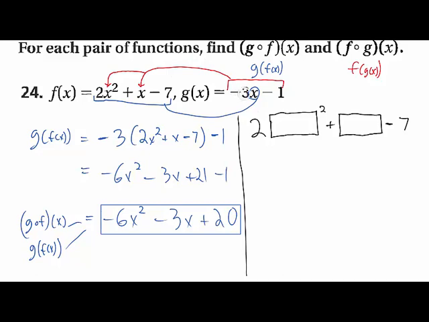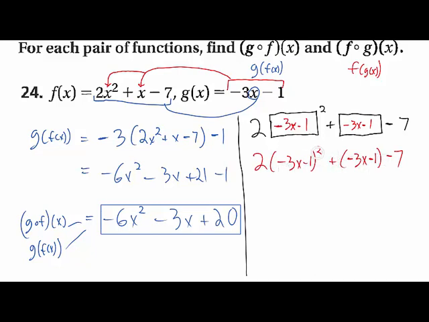So we're putting the -3x minus 1 instead of putting x directly into it, we're putting how x is modified by g into that. So I'll put -3x minus 1, and then pretend like these are parentheses right here, and then -3x minus 1 in each instance that you see an x. So this comes to this expression right here.